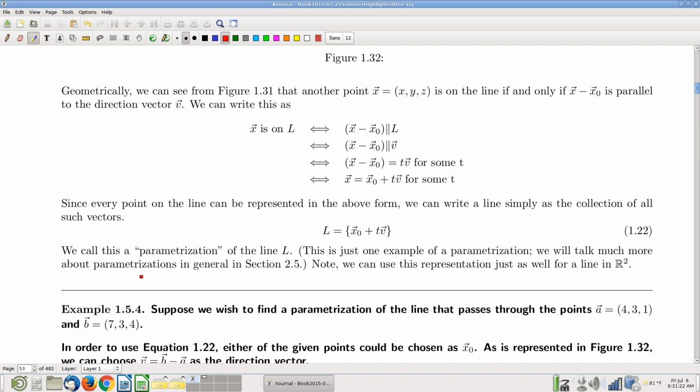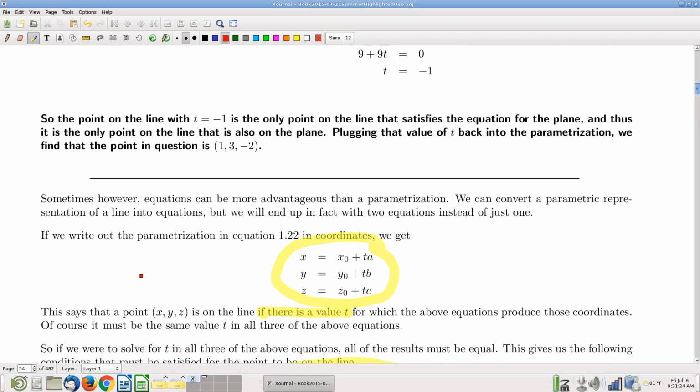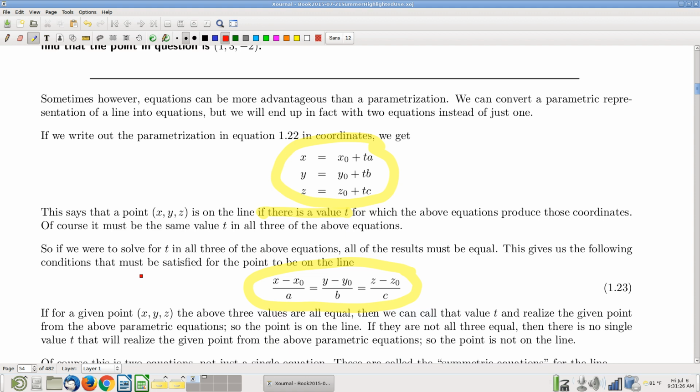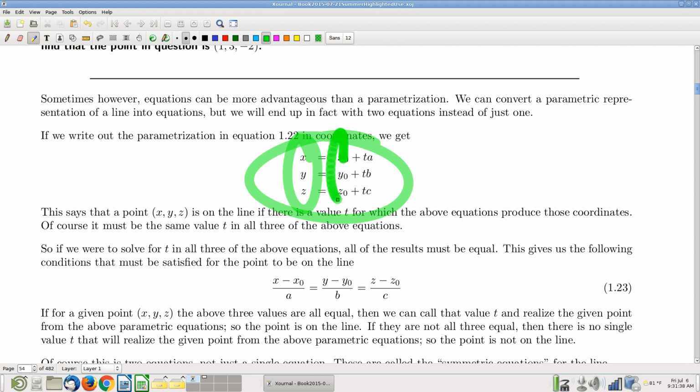All right, we did an example. I want to talk about a parametric line, for example, this one. So x is x0 plus t times v.